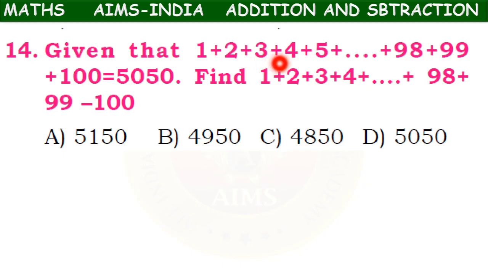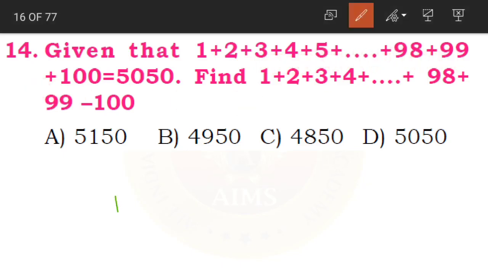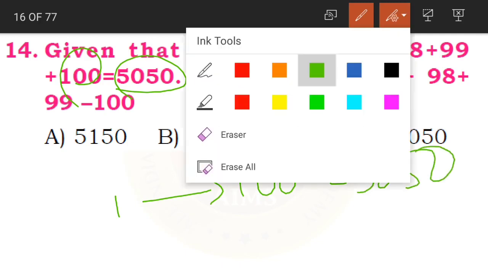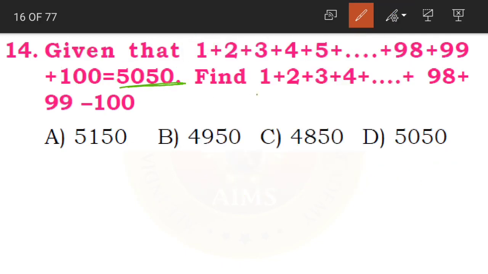Given that 1 plus 2 plus 3 plus so on, 99 plus 100. That means when we add all the numbers from 1 till 100, the answer is what? 5050. Clear, children? The answer is 5050. Now we need to find out the sum of 1 till 99, so from that we need to subtract 100.